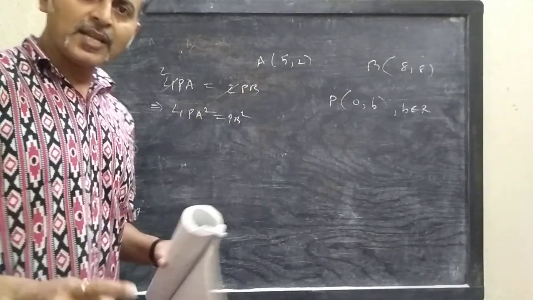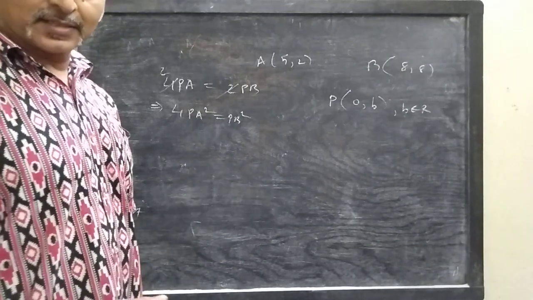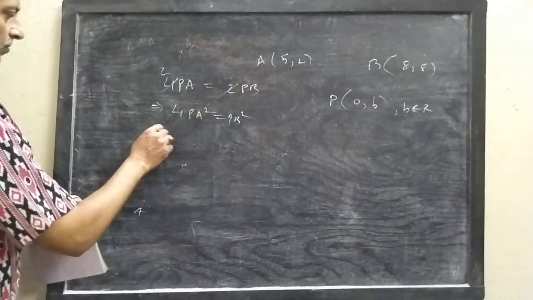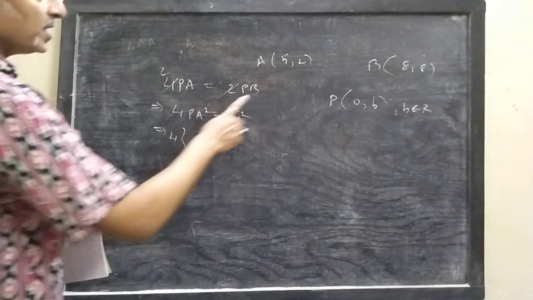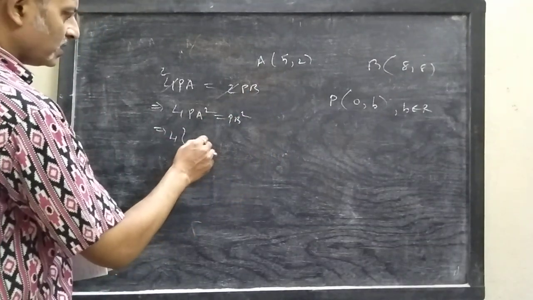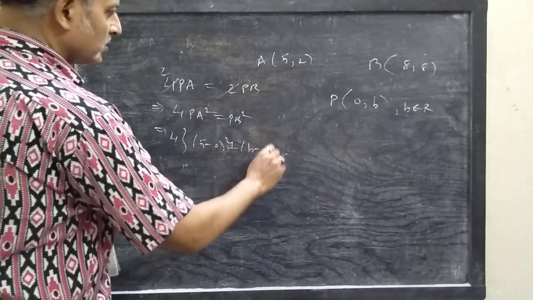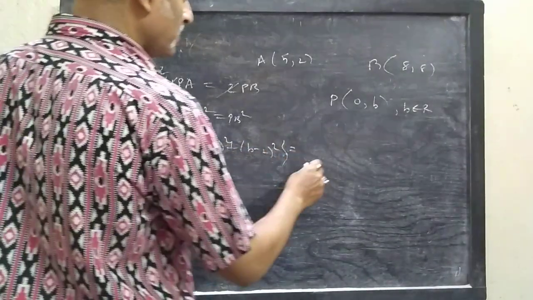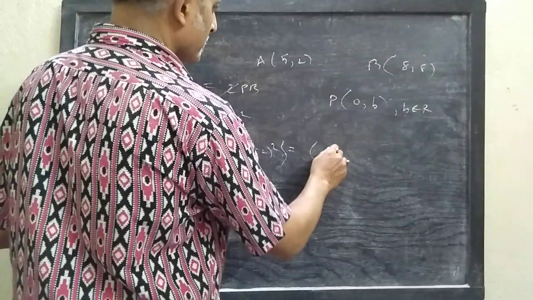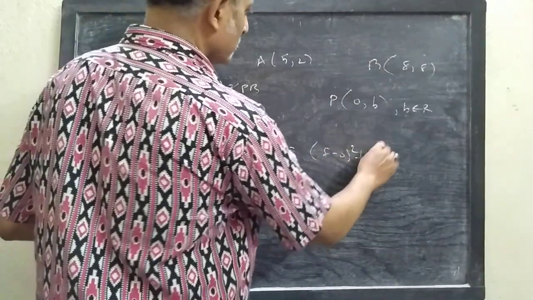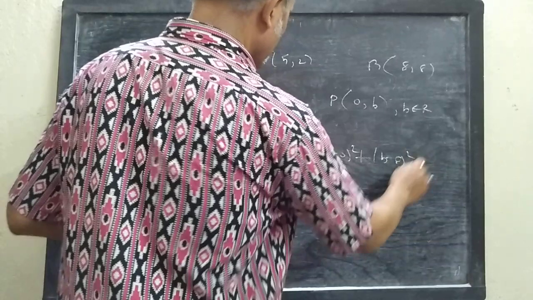Every time I am squaring both sides to remove the radical sign. Okay. 4 into PA square will be 5 minus 0 whole square plus b minus 2 whole square. PB square will be 8 minus 0 whole square plus b minus 8 whole square.